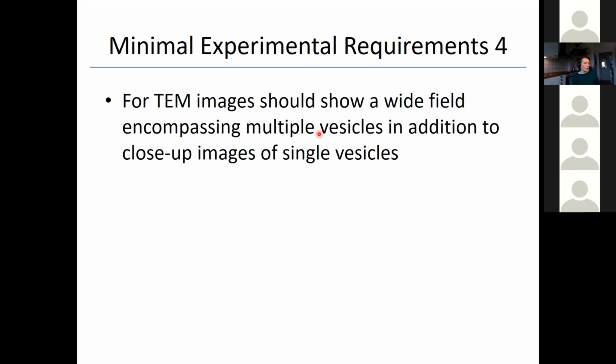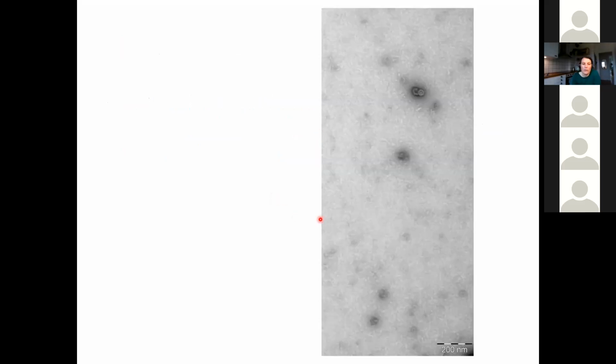And I'm going to explain why that is. So for example, these are all my own unpublished images as well, so not putting anybody else to shame. But let's say I want to prove that I have vesicles that are approximately 50 to 100 nanometers in size.